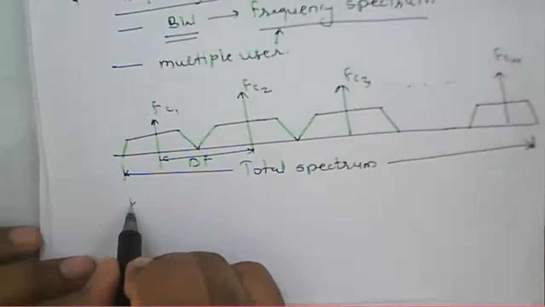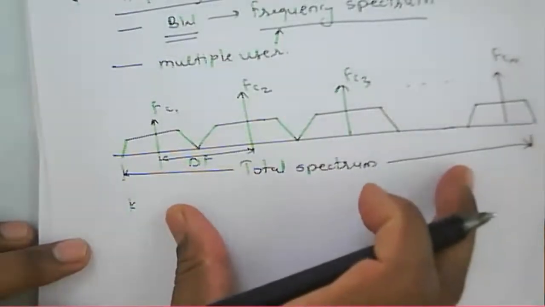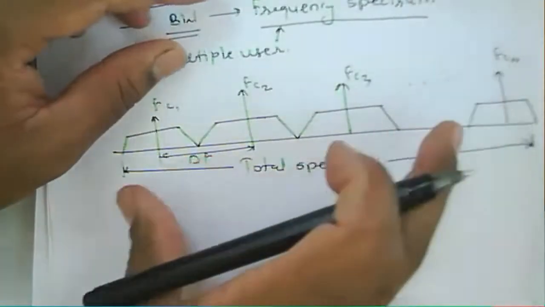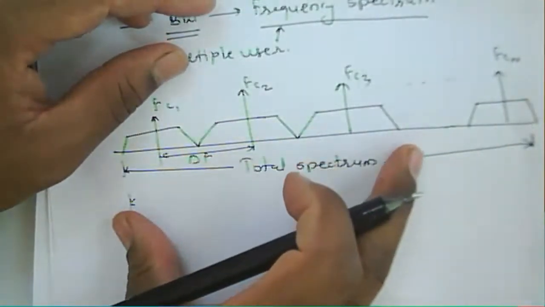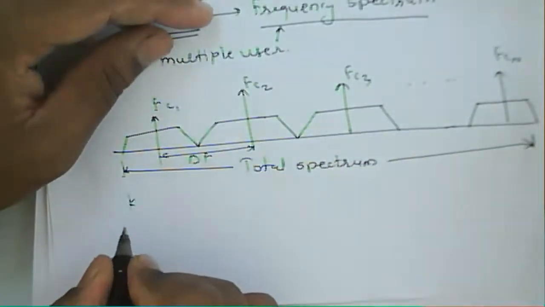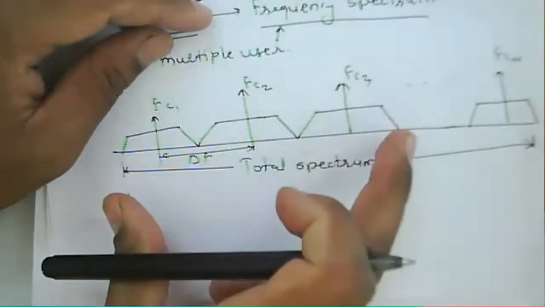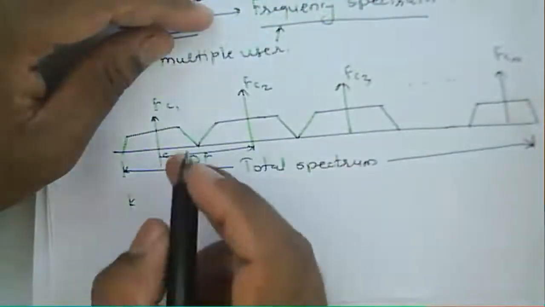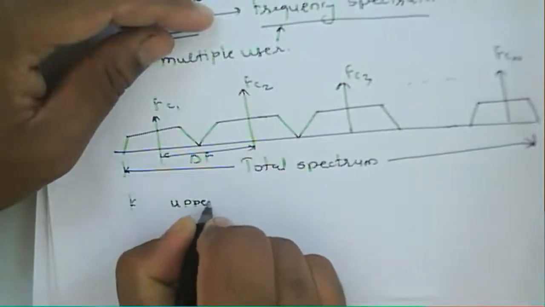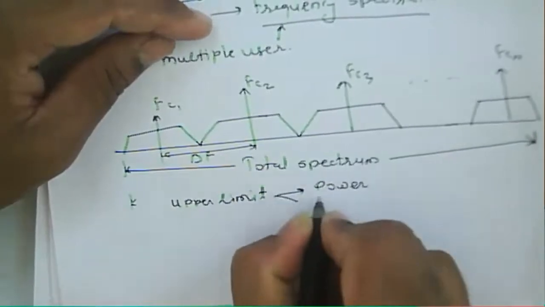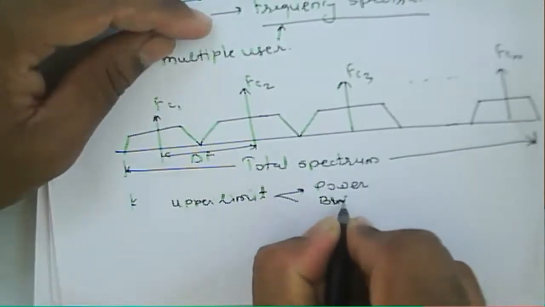This is the total spectrum for one radio broadcast. In the case of a satellite channel, the bandwidth and the power handling capacity of the power amplifier in the transponder have a particular upper limit, regarding the power and regarding the bandwidth.